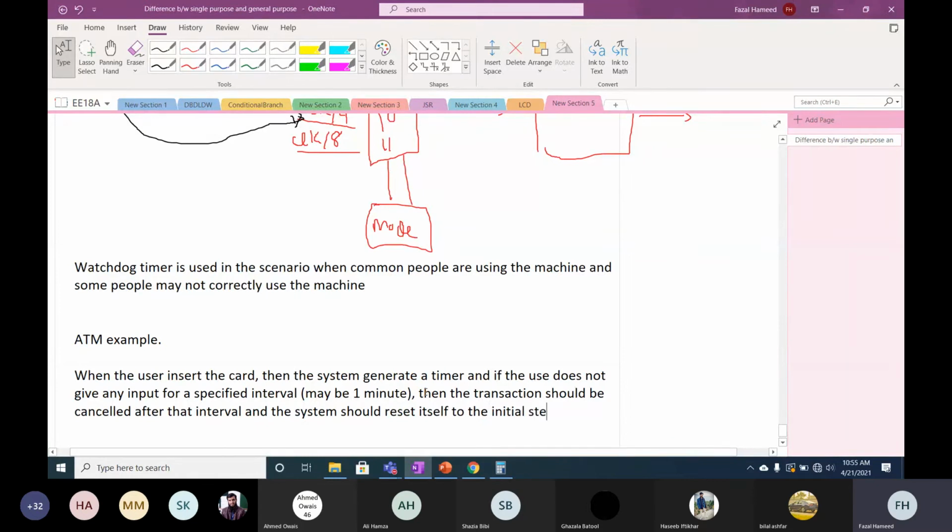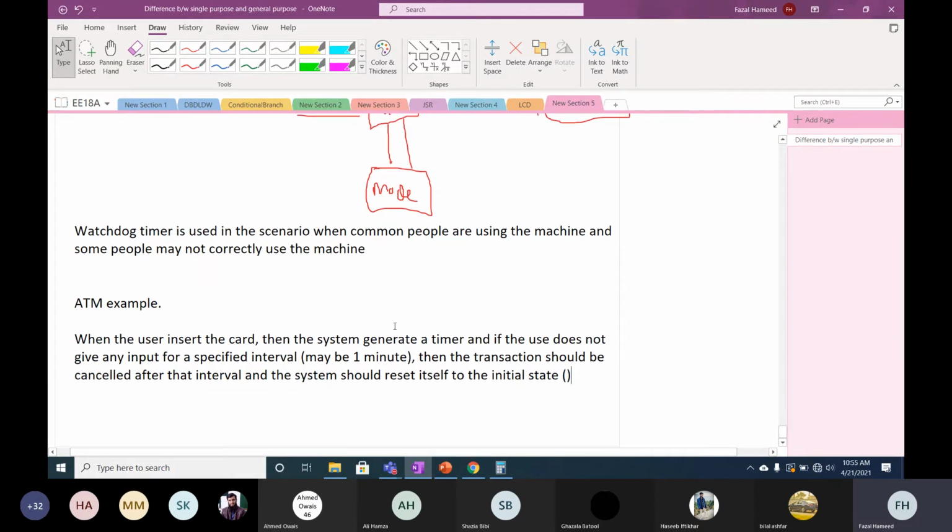So what is the initial state? The transaction should cancel and the system should shift to the initial state.